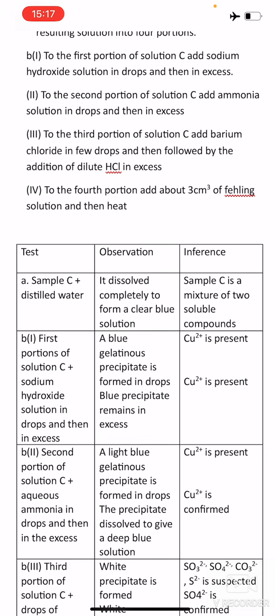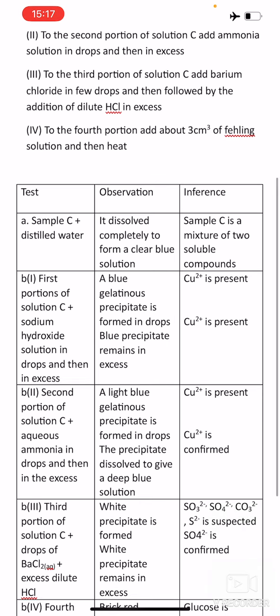If you add sodium hydroxide to C in drops, you will see a blue gelatinous precipitate. And when you add it in excess, the precipitate remains in excess, and that's the inference for both of them. It means that Cu2+ ion is present.